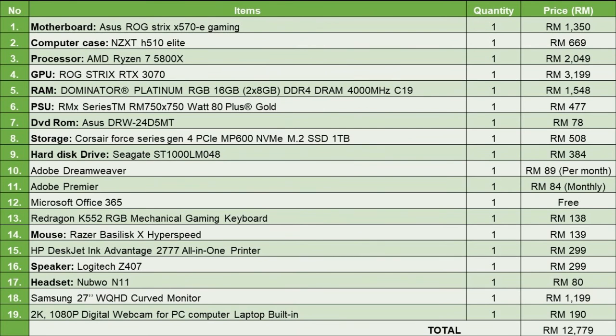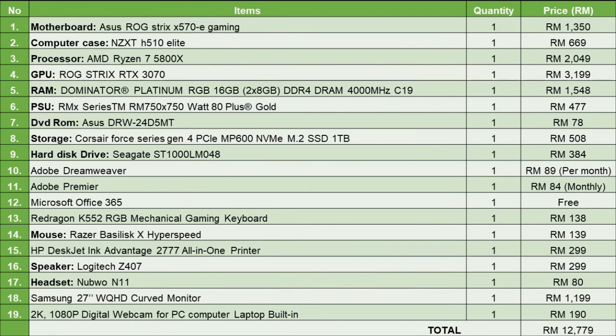Next, Adobe Dreamweaver. The price is 89 ringgit per month. For Adobe Premiere, it is 84 ringgit monthly. For Microsoft Office 365, it is free because Nawal is a student. Next, for the keyboard, the price is 138 ringgit. For the mouse, this item is 139 ringgit. For the printer, the price is 299 ringgit.